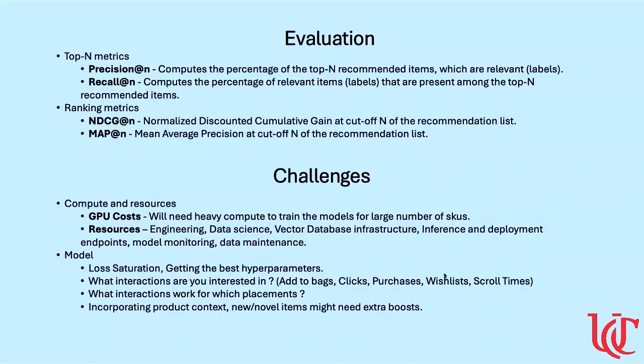Then other than that, one more challenge is how can we give new items more boost so that they show up in our recommendation process. One of the biggest drawbacks of this method is if the customer has not interacted with a particular product, that item is not going to be fed into the transformer block. If that item is not fed into the transformer block, we don't have context or semantic understanding of that product.